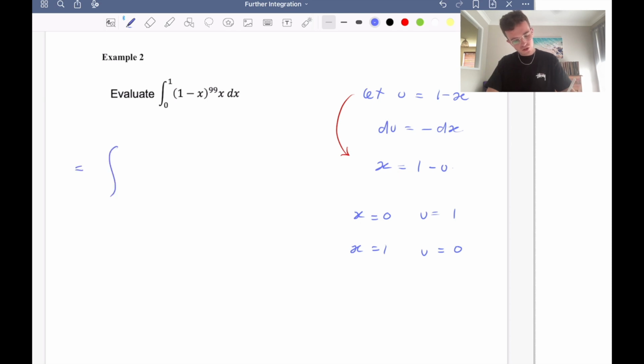And when x is equal to 1, u is equal to 1 minus 1, which is 0. So we're finding the integral now from 1 to 0 of 1 minus x, which is u, so u to the 99, times x, which is 1 minus u.